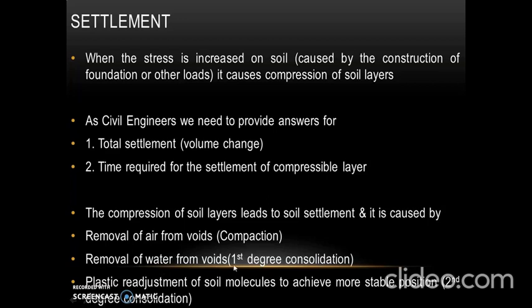Removal of water from voids is referred to as primary consolidation, that is nothing but first degree consolidation. And after removal of water from the voids, the soil particles will try to rearrange themselves. So the plastic readjustment of soil molecules to achieve more stable position is referred to as second degree consolidation, which is also known as secondary consolidation.